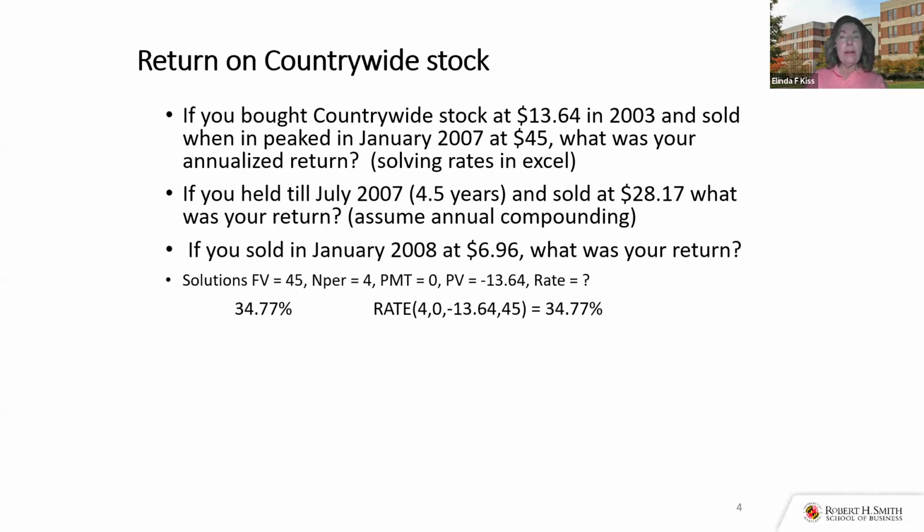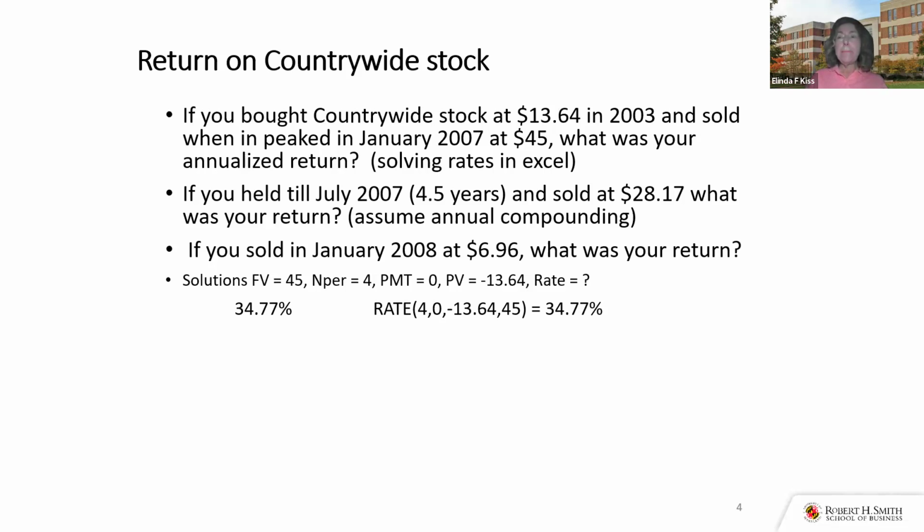Payment will stay at 0 for all calculations. You can see if you were smart enough to sell it 4 years later, you got a nice return of 34.77%. But what if you thought, let me hold it a little bit longer until July?